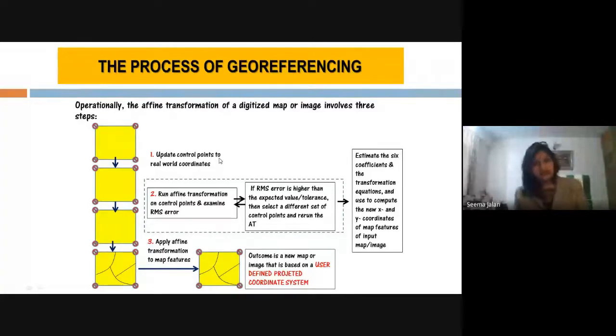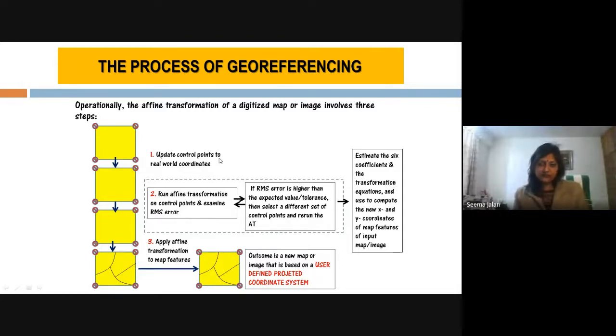Or, as I will show you, I think a very easy way of doing it is that you get a topo sheet of that area. A topo sheet always has the tick points. You have the control coordinate values written for the intersections.